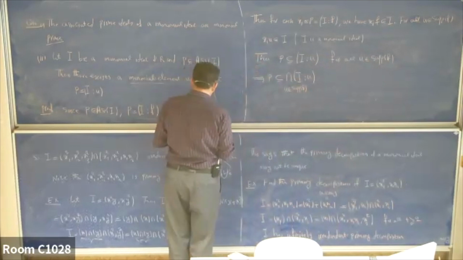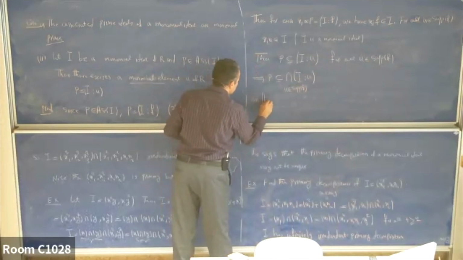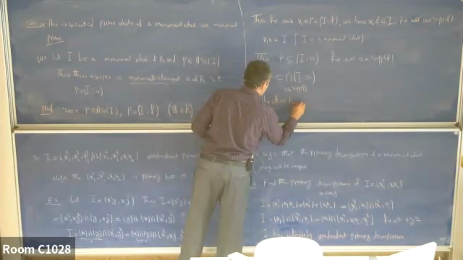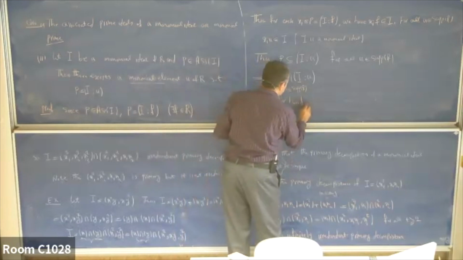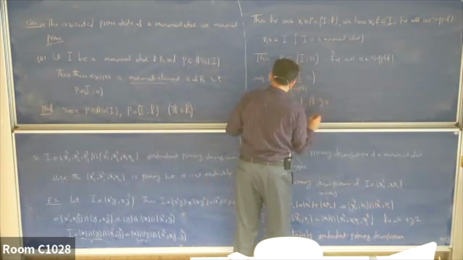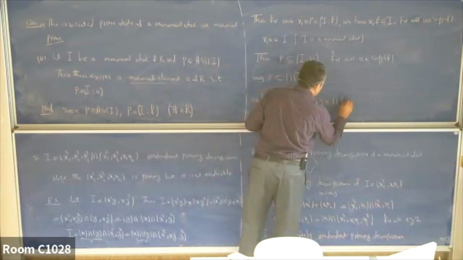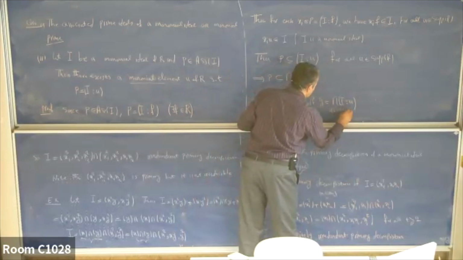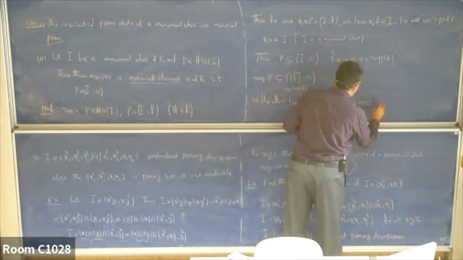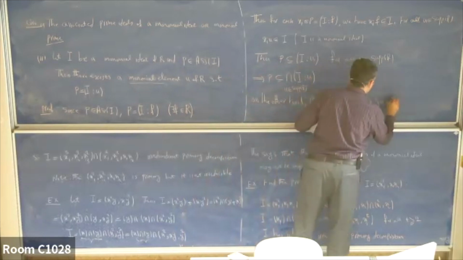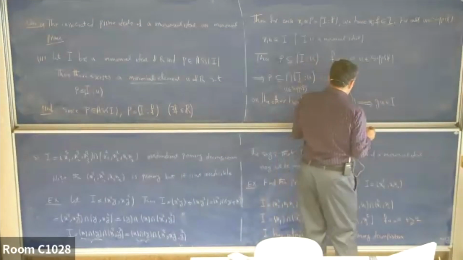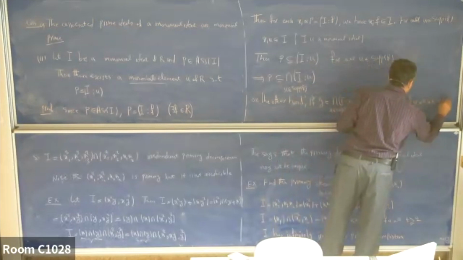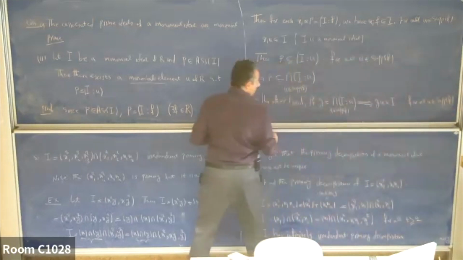And on the other hand, if j belongs to the intersection of A, u belongs to the support of F, then we have g u belongs to I, for all u in the support of F. Then again, I is a monomial ideal.